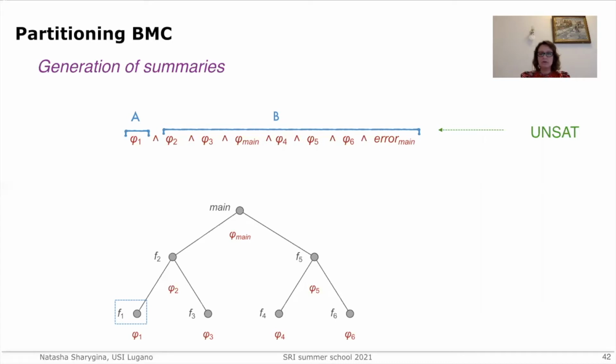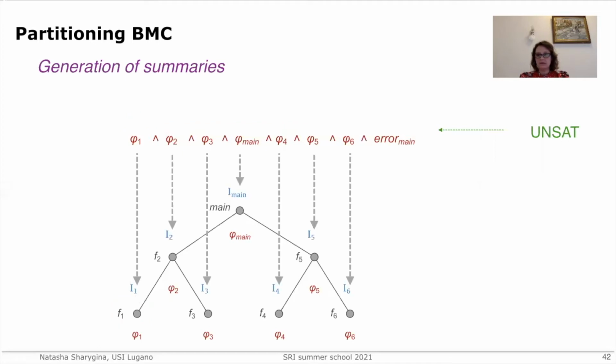So there is an A part, there is a B part. It means we can always compute an interpolant I such that it satisfies all the properties of the Craig interpolant. For function F1, we can easily extract interpolant I1. And we will do it iteratively for all function calls.